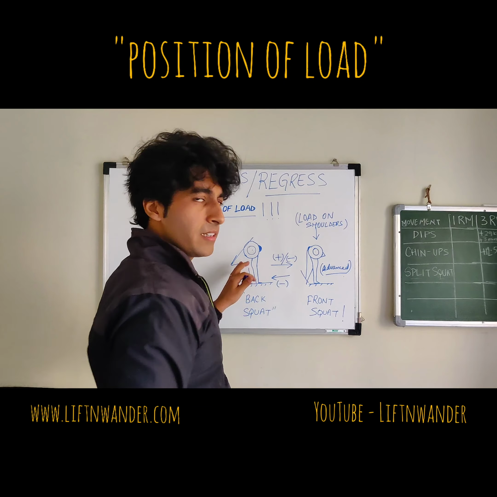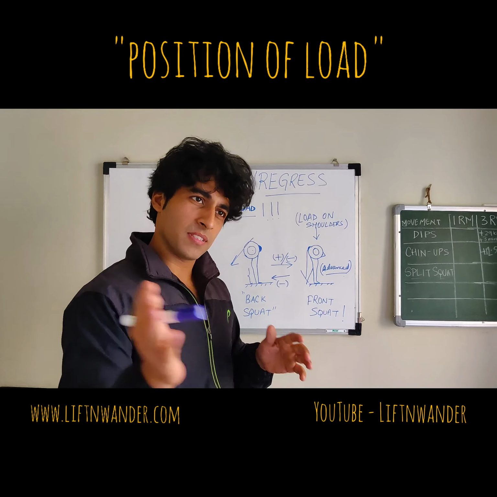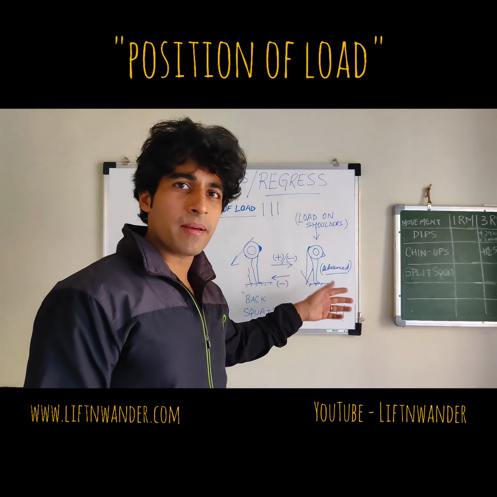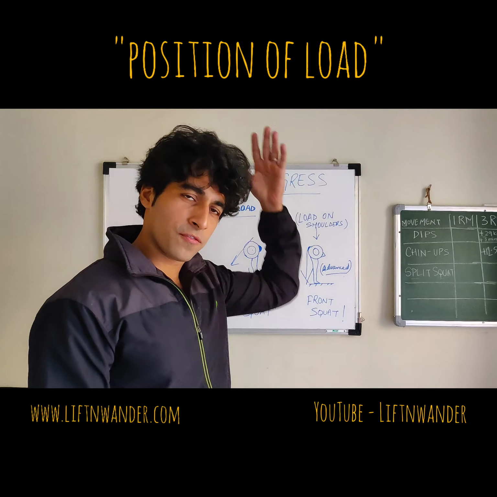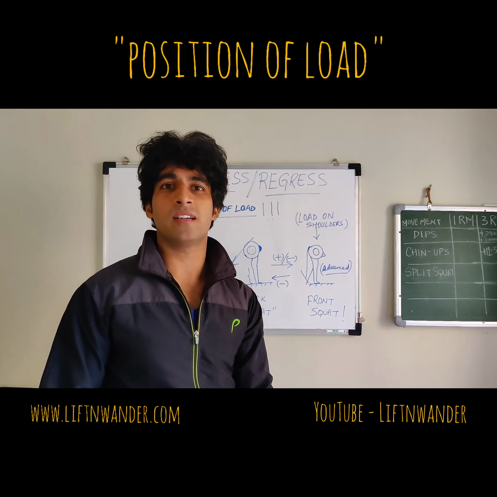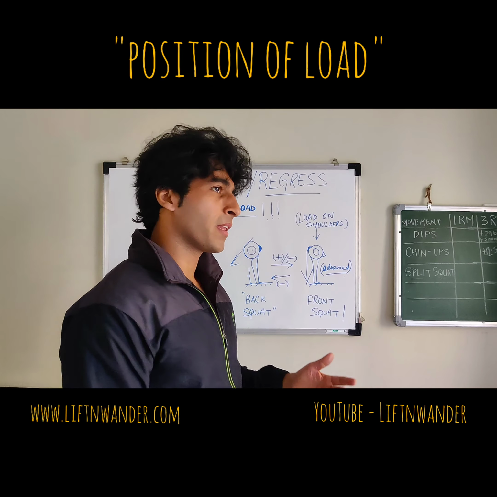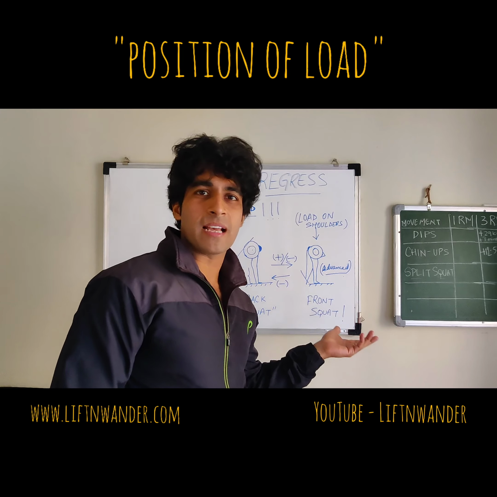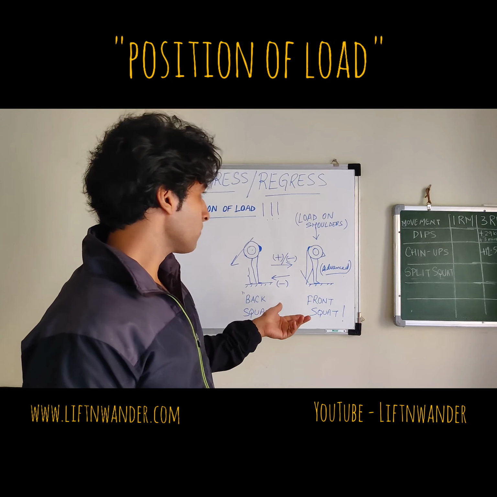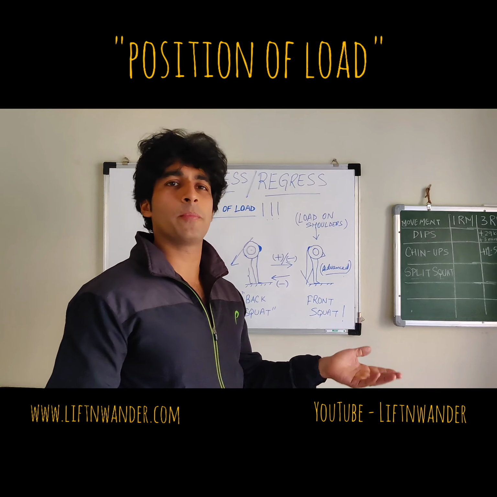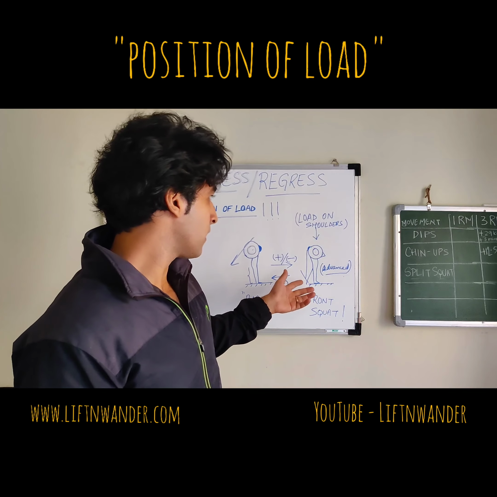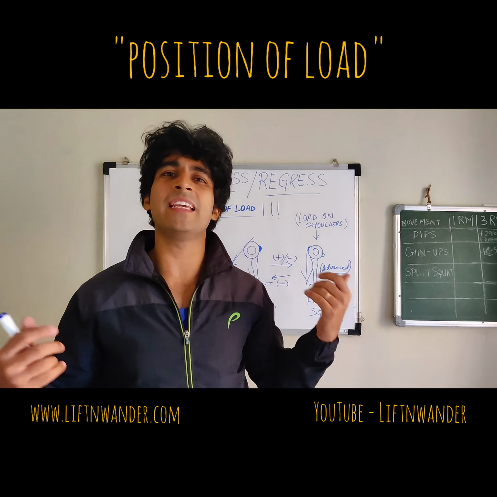Here, in the back squat, it's more of a sitting back. This is also a sitting back, but it has more emphasis of being upright and using your thighs to come up. So this is a very simple example of manipulating a load.